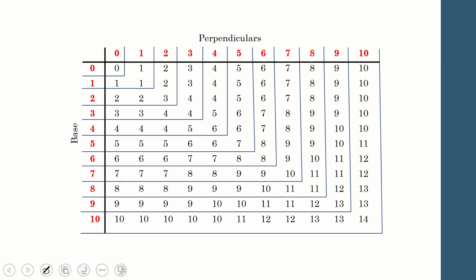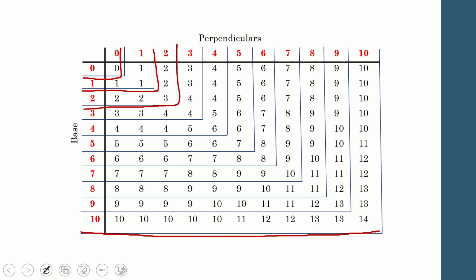It is the same table as we have shown before. In this table, you see we have drawn one line like this, and about this line, it is all coming symmetrical.